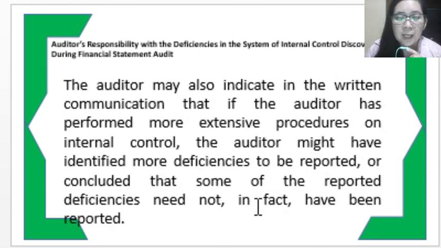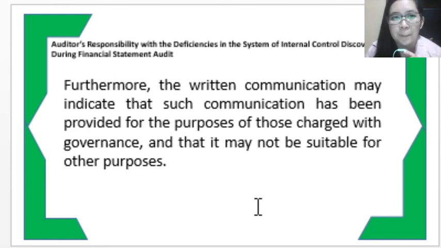In this case, the auditor may also indicate that if he had performed more extensive procedures on internal control, he might have identified more deficiencies to be reported, or concluded that some of the reported deficiencies need not have been reported. Okay, depending again on his professional judgment if that is appropriate.